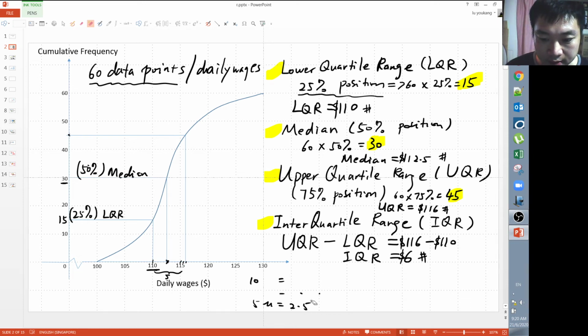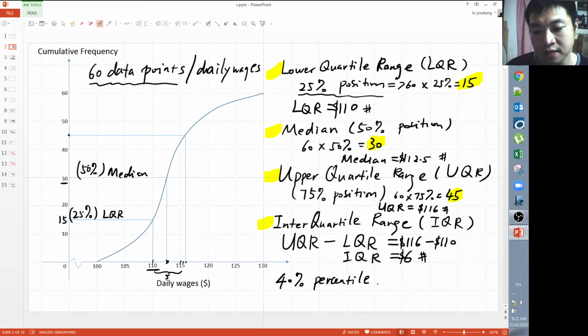Okay, so the last concept I'm going to talk about is, what if you are asked to find out your 40% percentile? Okay, how are you going to do this?